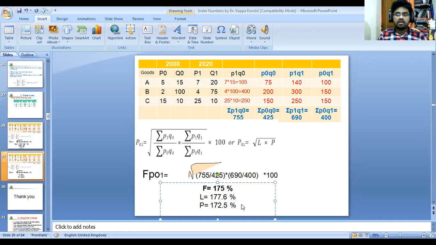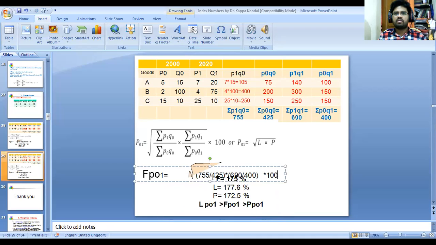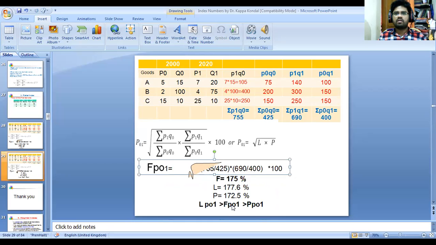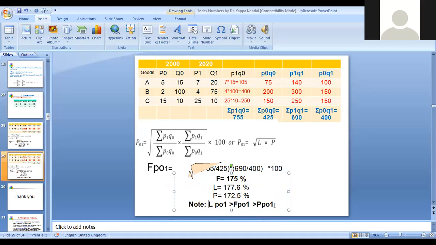The Laspeyres price index P01 value is greater than the Fisher index P01, which is greater than the Paasche P01. Is it visible for you? Yes, sir. You can always see this kind of thing.